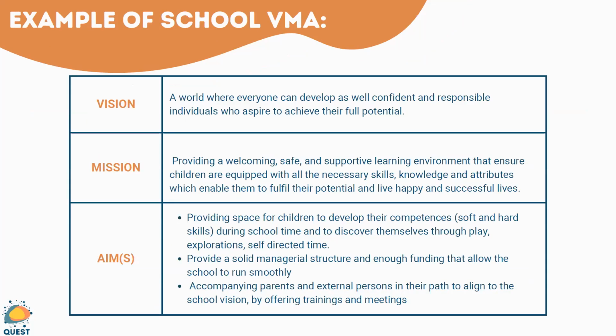Here I've just drawn an example of a school vision, mission, and aims that you can read. But what is really important is that, for instance, we have 3 different aims that derive from the vision and mission. So the vision is a world where everyone can develop as confident and responsible individuals who aspire to achieve their full potential.